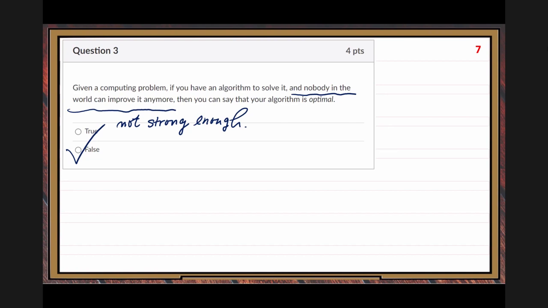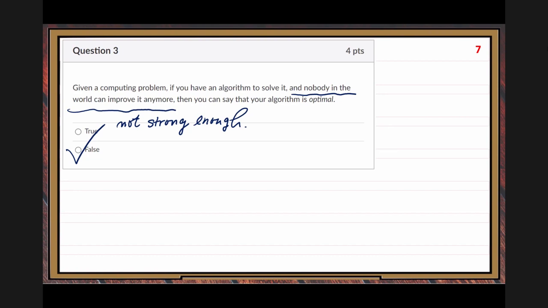Nobody in the world can prove. When we talk about that, it's nobody in the world alive, available at this moment. Those people cannot improve. But think about it.